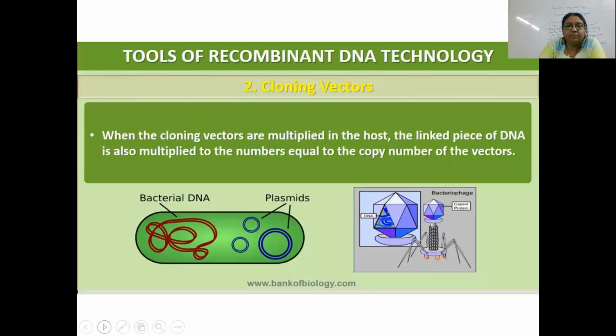Okay, so when the vectors are multiplying in the host, they will make multiple copies of the genes also, isn't it? Consider you have one bacteriophage, you inserted your gene into it. When the bacteriophage will make 1,000 copies of it in the cell, it will make 1,000 copies of the inserted gene also, isn't it?